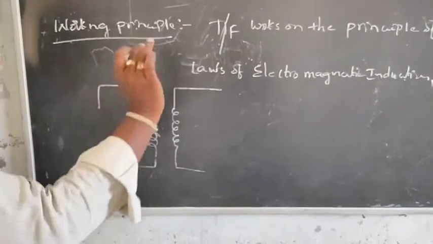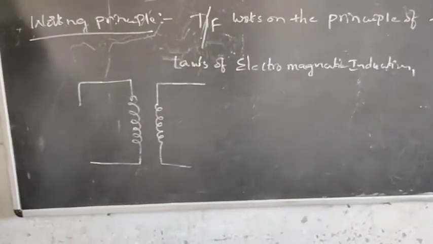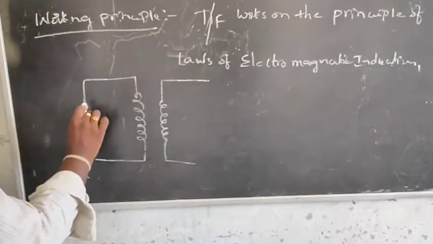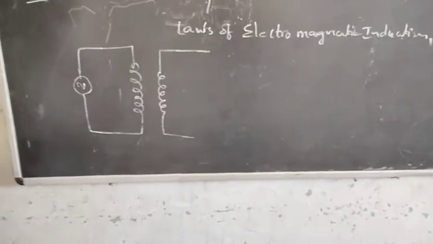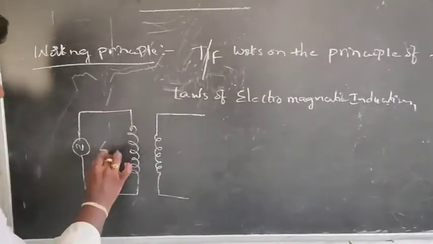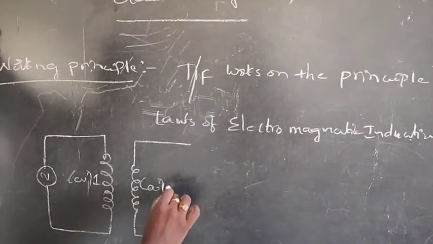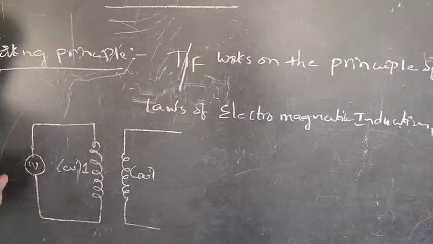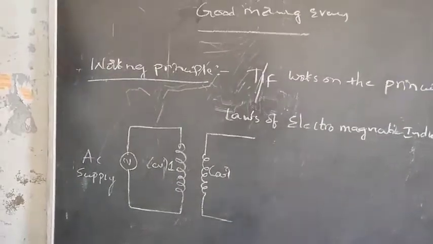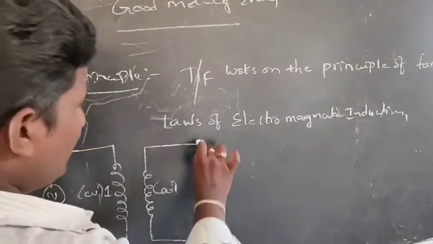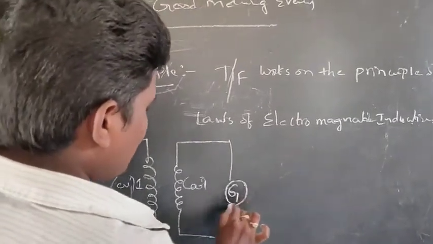I am saying that briefly; tomorrow in class we will discuss the working principle fully. Just now I am telling what the induction is. So the induction principle: consider two coils, coil 1 and coil 2. I am applying AC supply to coil 1. To the secondary, coil 2, I am connecting one galvanometer.